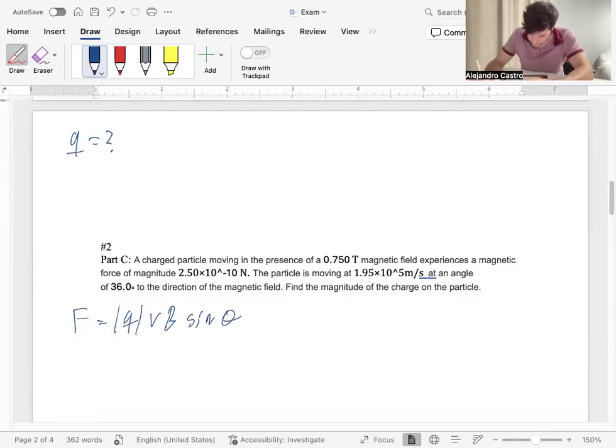Magnetic field is given to us. Magnetic force magnitude is given to us.